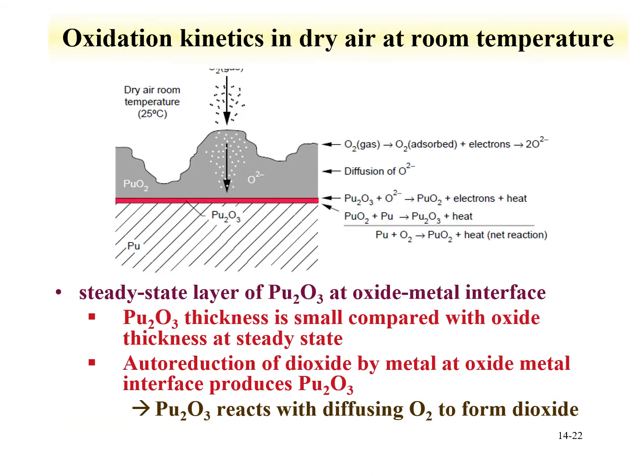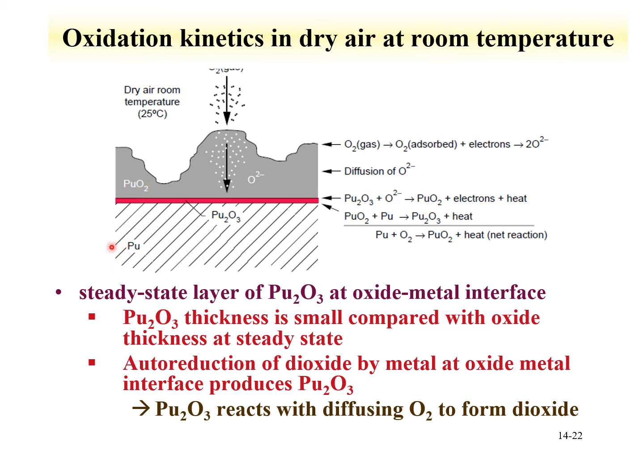The kinetics of this system vary slightly from the overall picture, where a thin layer of the trivalent plutonium oxide forms. Here we see what we discussed in the previous slide, this O2 reacting with the plutonium forming the dioxide, O2 penetrating, and then we get this small layer of Pu2O3, and autoreduction occurs where the plutonium tetravalent state reacts with the plutonium metal.